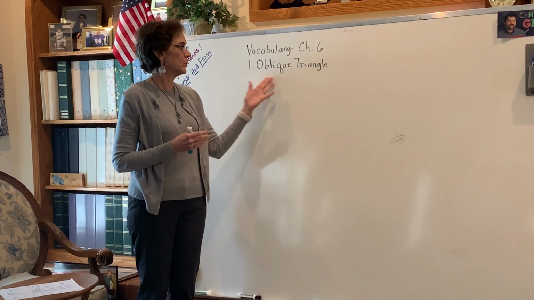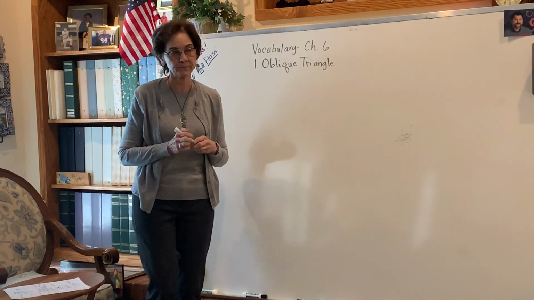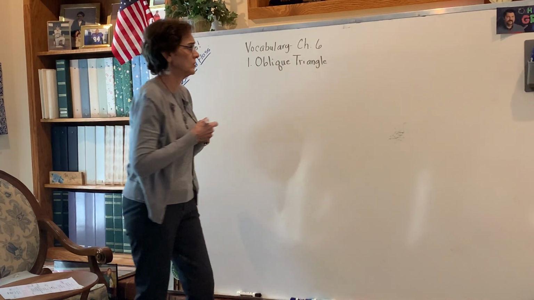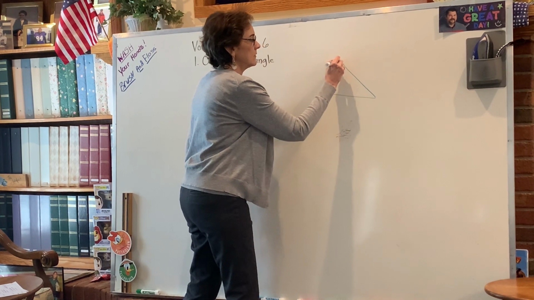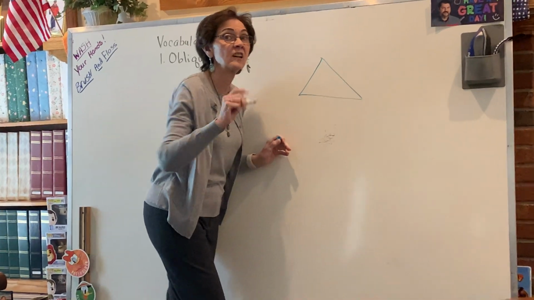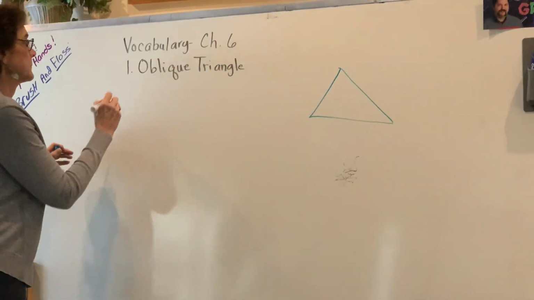All right, so the first word is oblique triangle. Oblique triangle is a triangle that is not a right triangle.